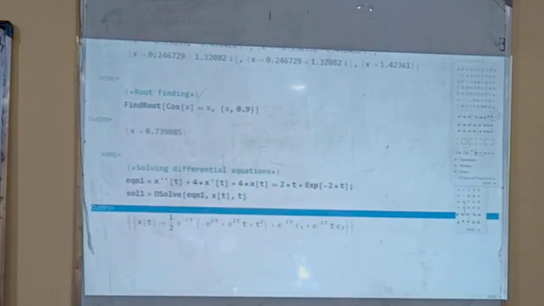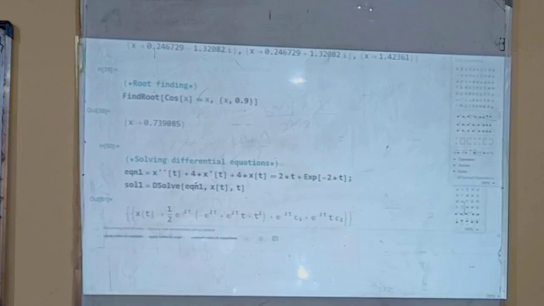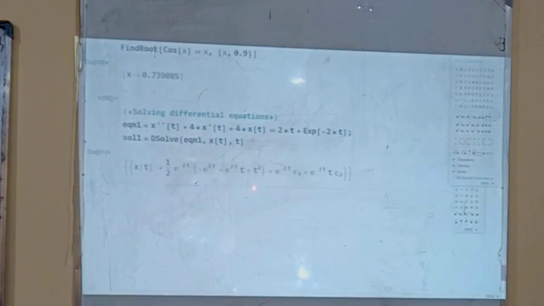solve differential equation. You see, this is a second order differential equation like what we did yesterday. But the only thing now is that instead of here, I think this is a forcing. So it is inhomogeneous. This, you will solve this. When you equate it to 0, you get complementary function.